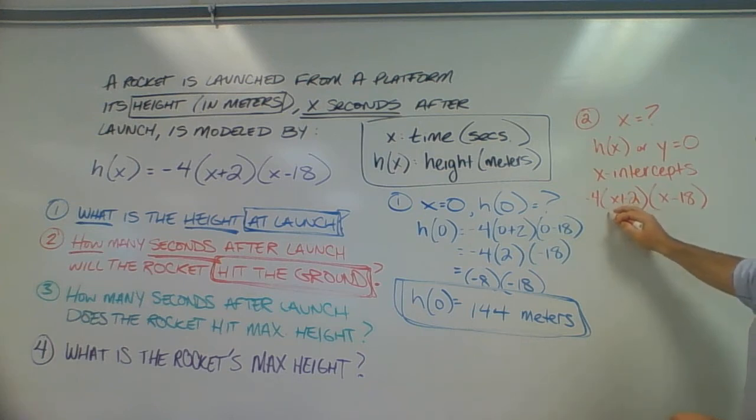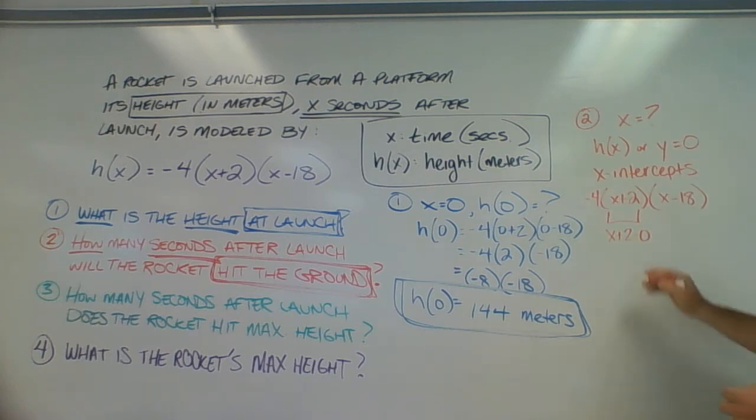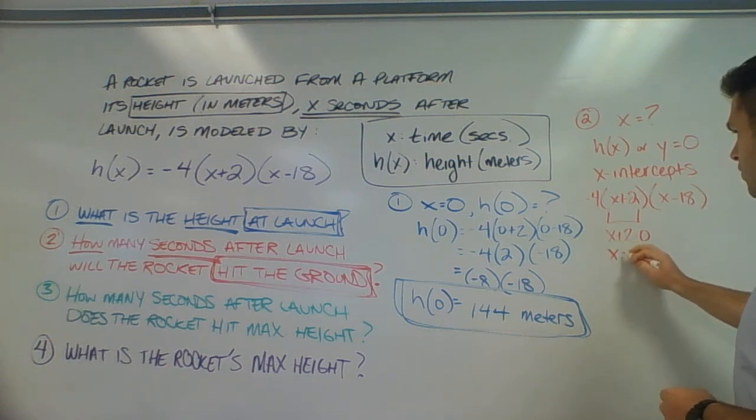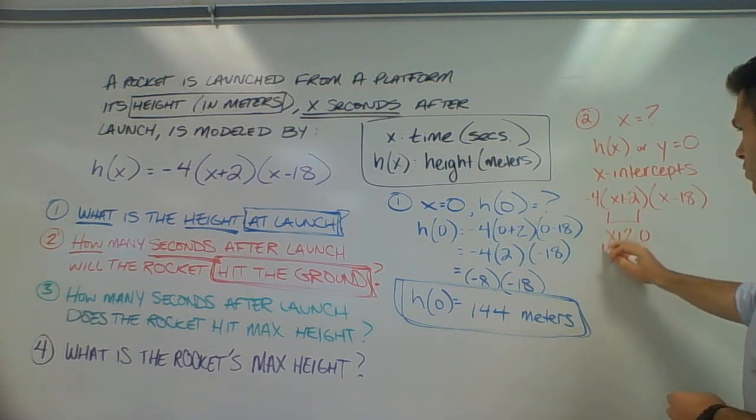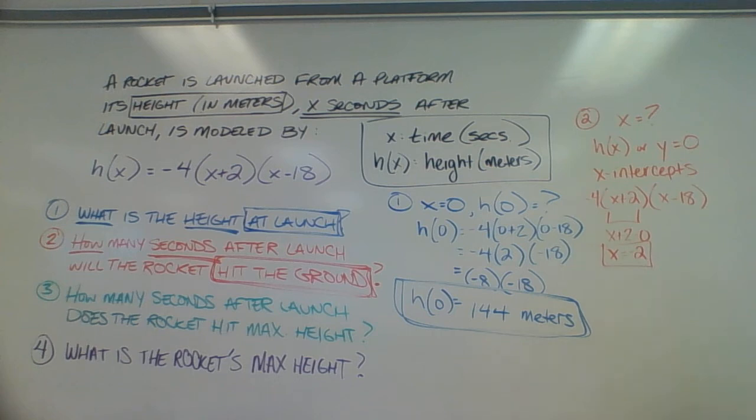So I look at my x-intercepts here, x plus 2. What number would we plug into that parentheses to make the number 0? Hopefully we understand that negative 2 would be the number, because negative 2 plus 2 would be 0.